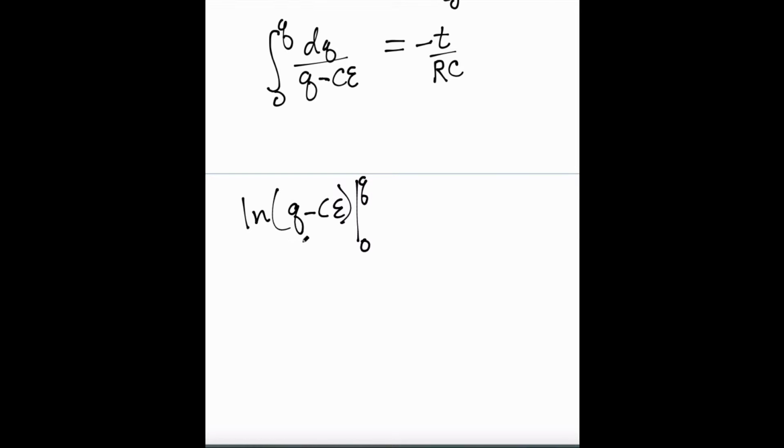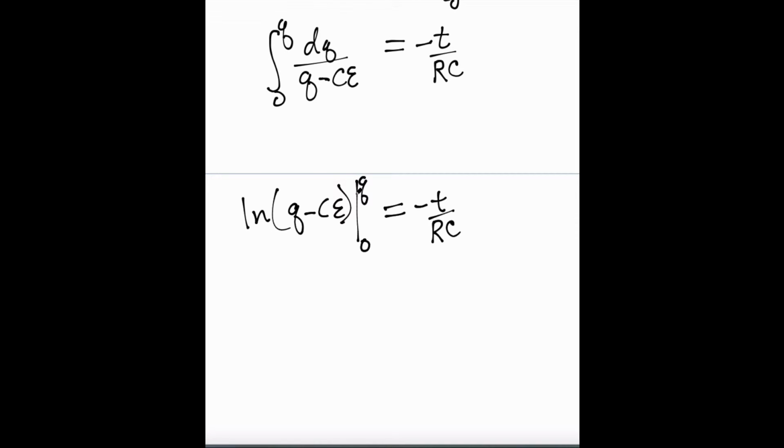Typically you would need absolute value bars here, but our physical scenario is such that this expression can't be negative, so that isn't going to be possible. And we get negative t over rc.